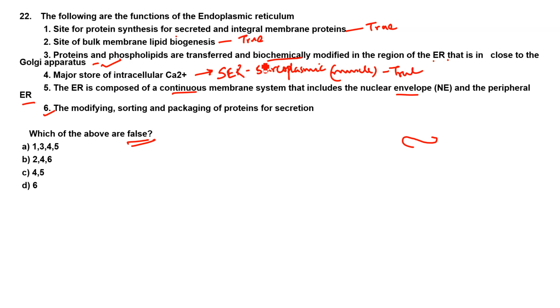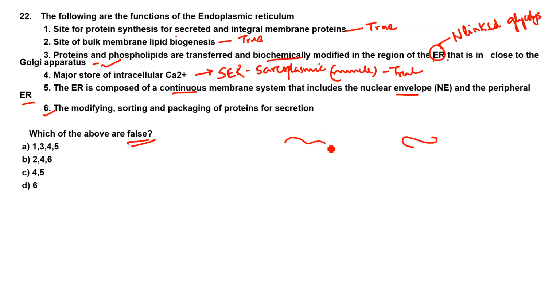Proteins and phospholipids are transferred and biochemically modified in the region of ER that is in close contact with the Golgi apparatus. Actually, there are a few modifications which take place in the endoplasmic reticulum and a few modifications which take place in the Golgi. In the endoplasmic reticulum, N-linked glycosylation takes place. Then there are different signal peptides.